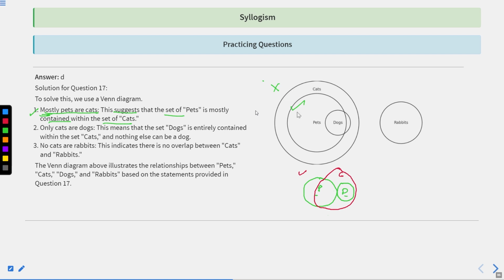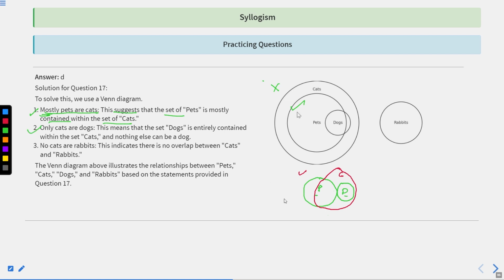So we can obviously infer that some pets which are cats could be dogs. It is a possibility, but we cannot infer 100% that some pets are dogs also. There can be a possibility because both of them are within the circle of cats, but it is not 100% true. We cannot infer. The reason being there is no statement which is providing us with such relation.